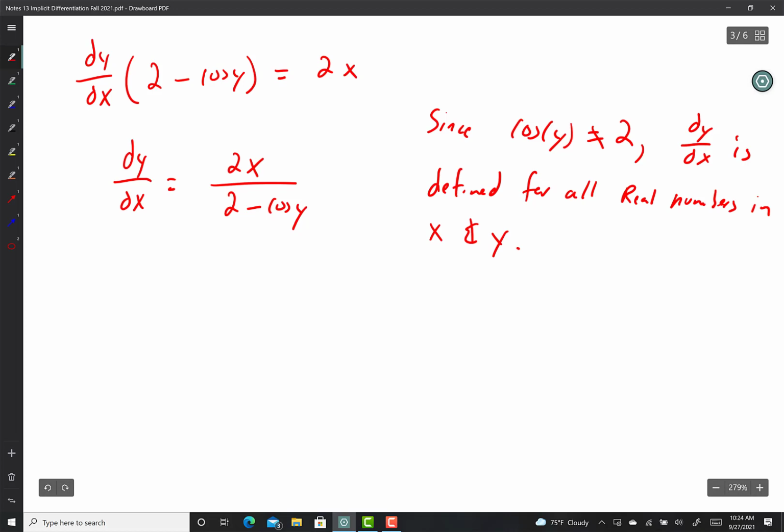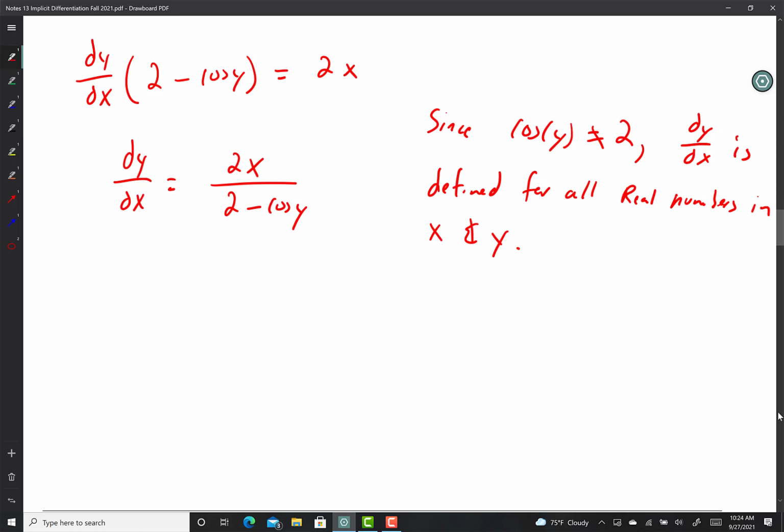Since cosine y will never equal 2, dy dx is defined for all real numbers in x and y, since this function has two variables, x and y. All real numbers in x, all real numbers in y. No value will make this undefined.